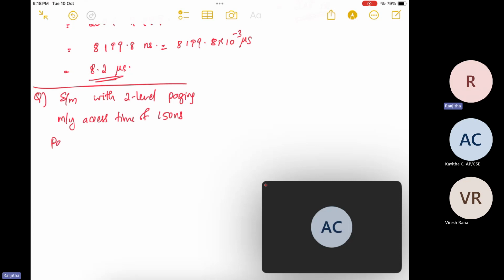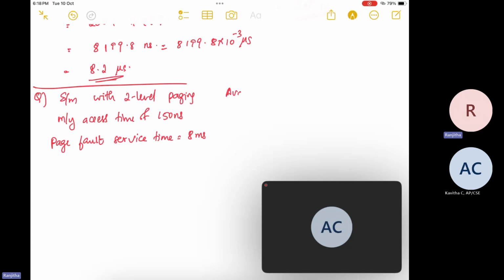The page fault service time is given as 8 millisecond.